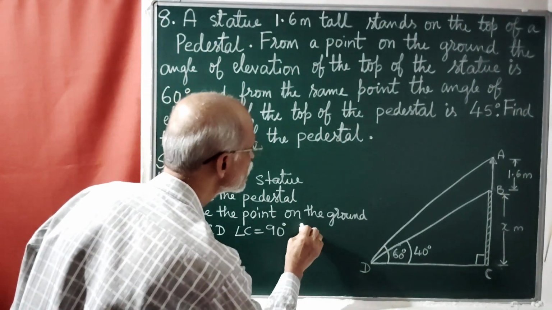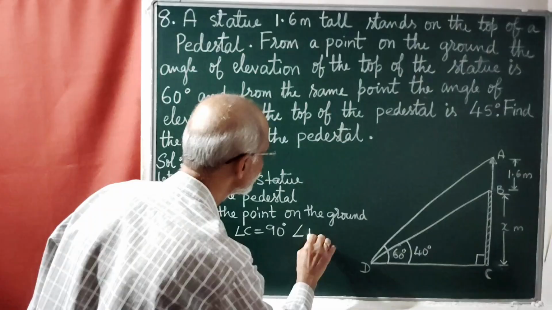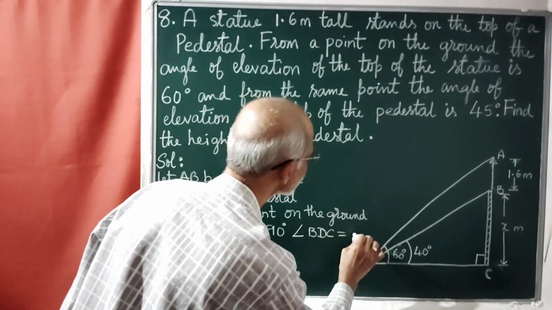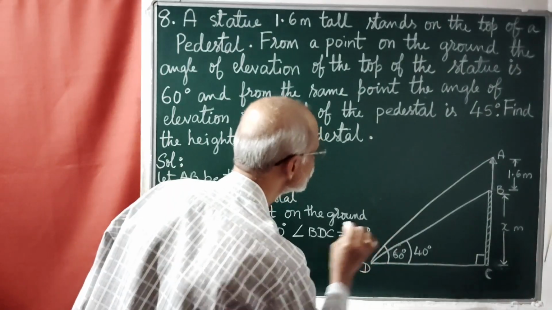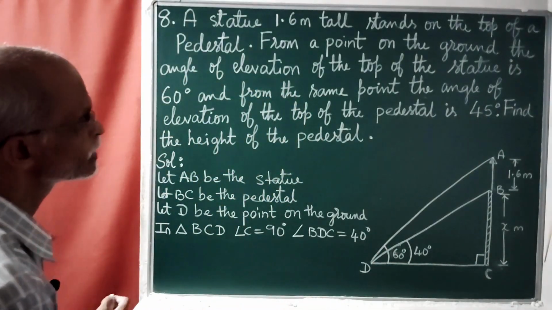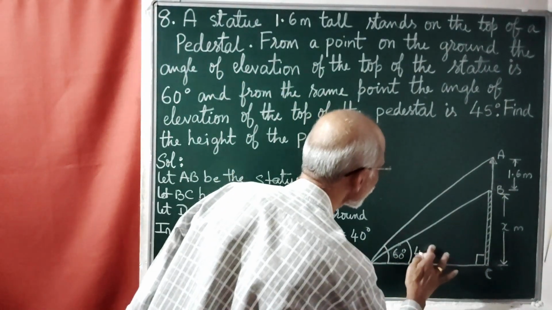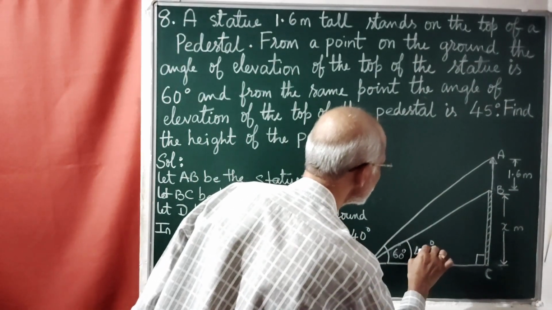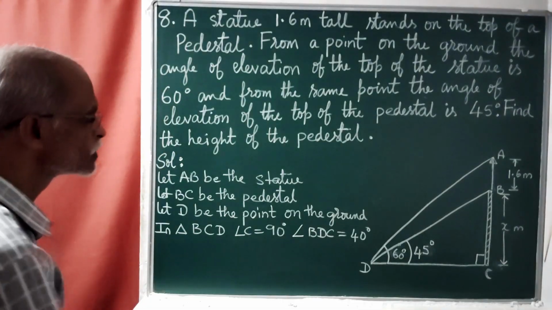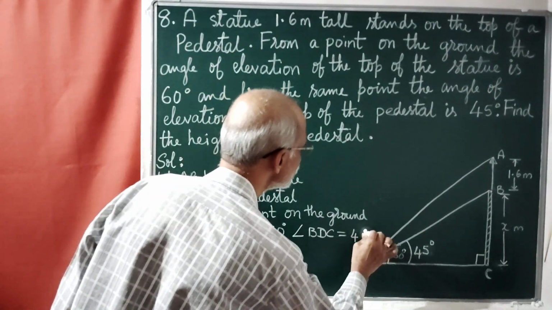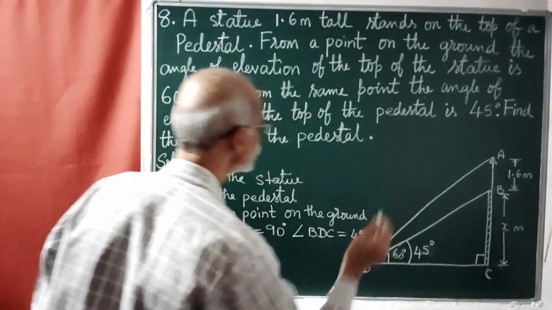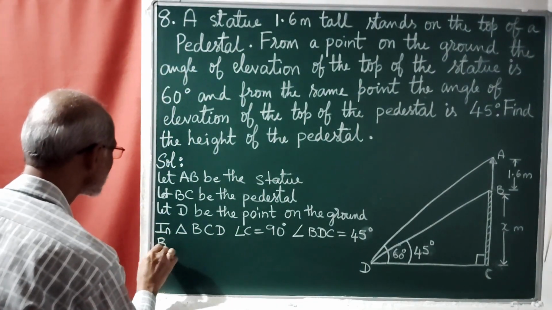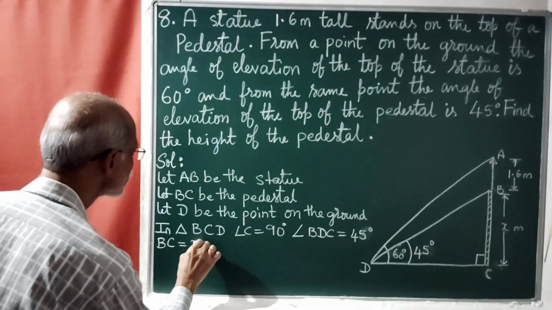And angle BDC is equal to 45 degrees. And let BC be equal to x meters.